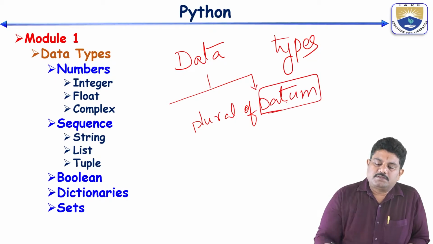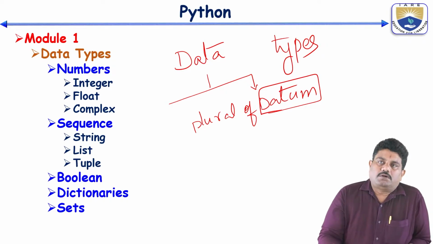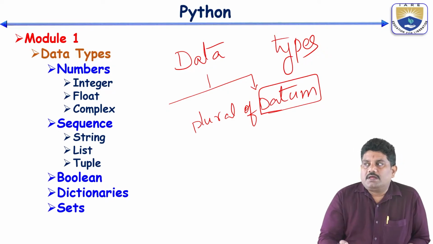Datum is a singular word, data is a plural word. So what is datum? Datum is nothing but a real world fact.